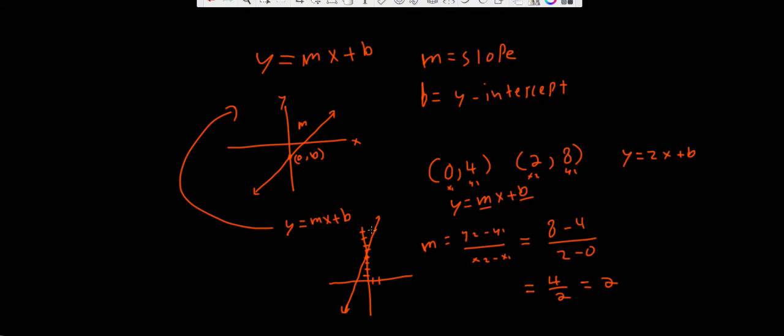So this line looks something like this, and you might notice, as we discussed earlier, the b value is where the line crosses the y-axis. So it's the y-coordinate of that point. It's 0 comma b, and in this case our b value is 4, because this point right here is 4.